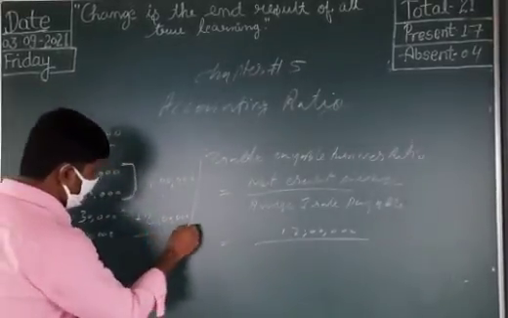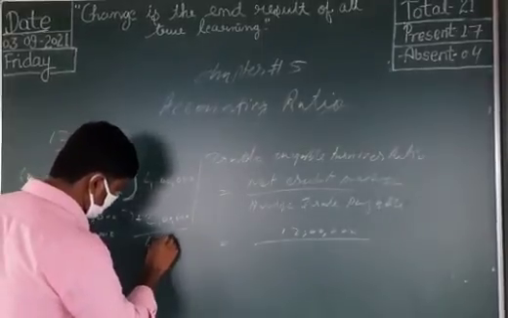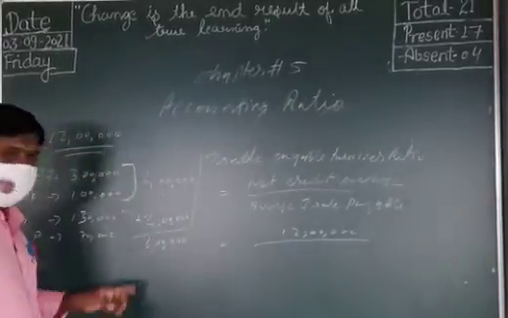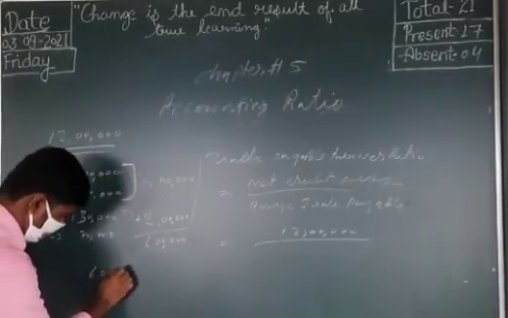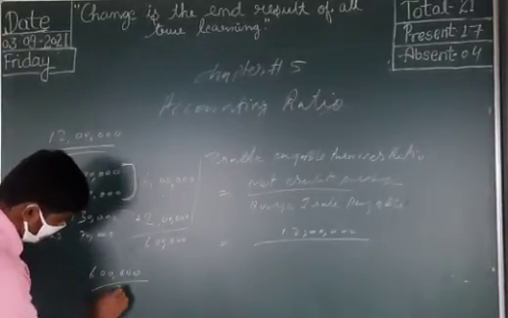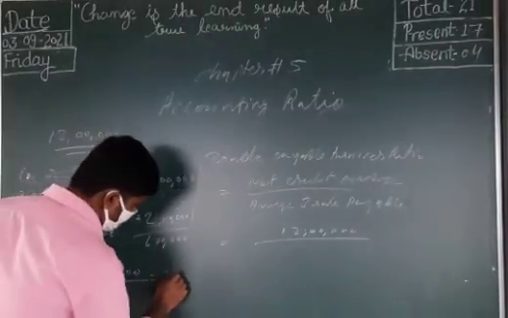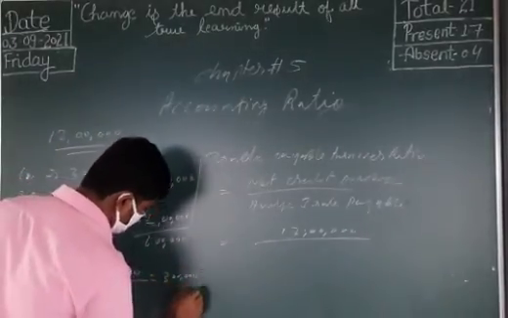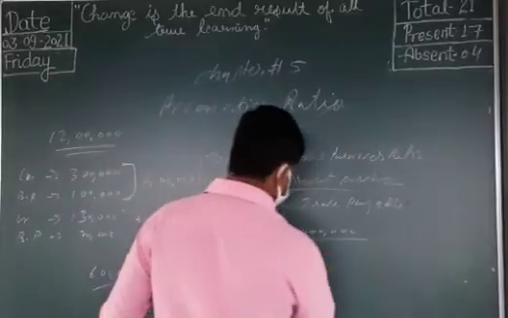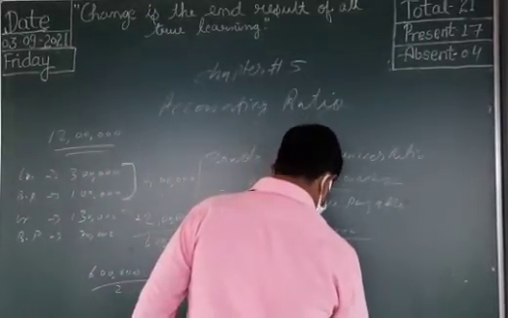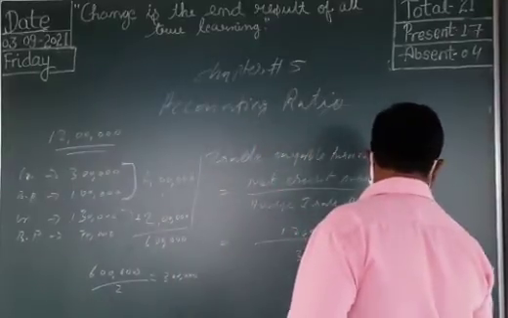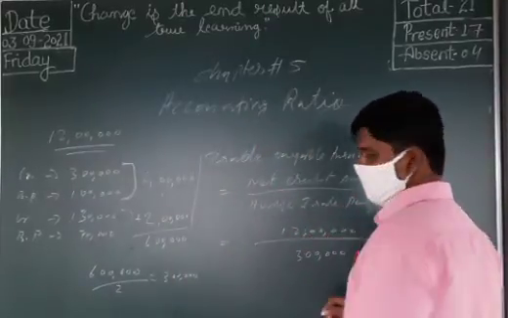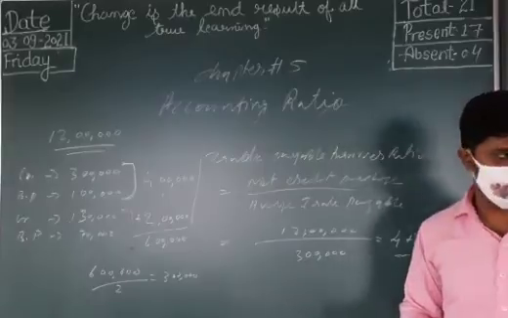We add these two, we got 6 lakh, and its average we need. How much is that? 3 lakh. So that 3 lakh we put here, 4 lakh, 4 lakh. Clear now? Answer right.